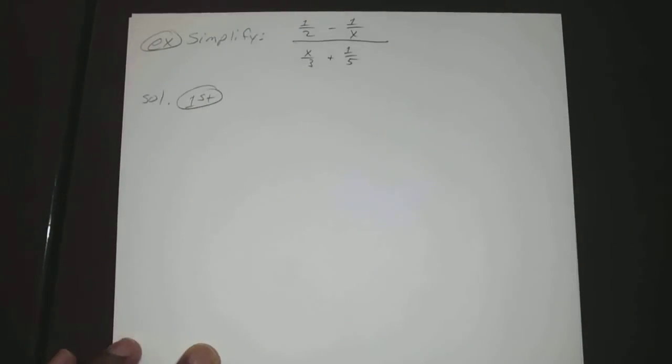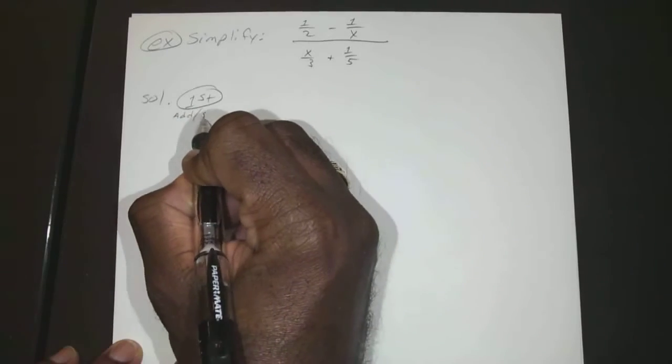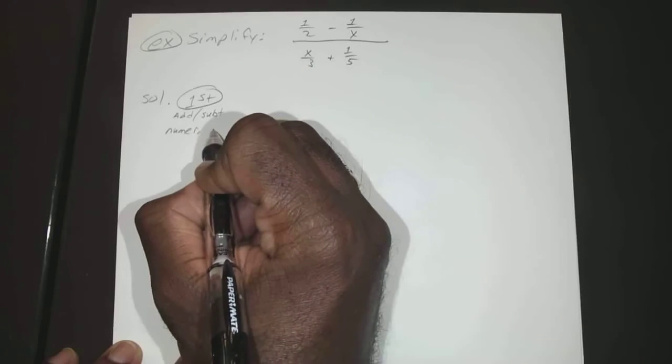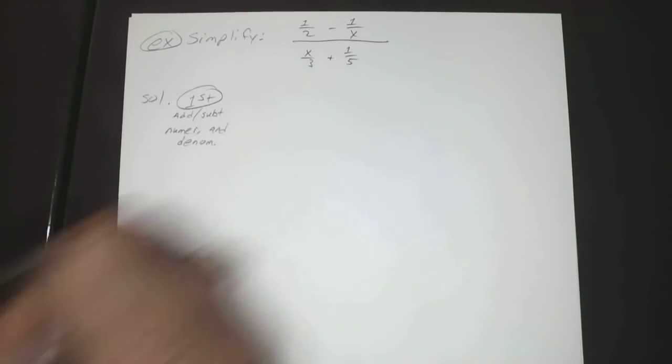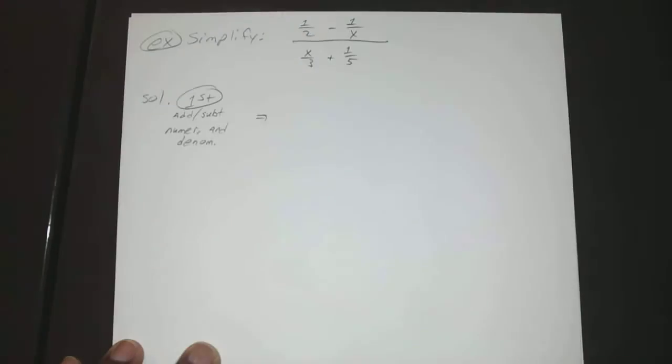Okay, so your first step, you're going to add and subtract your numerators and denominators. Okay, so we start with 1/2 minus 1 over x.